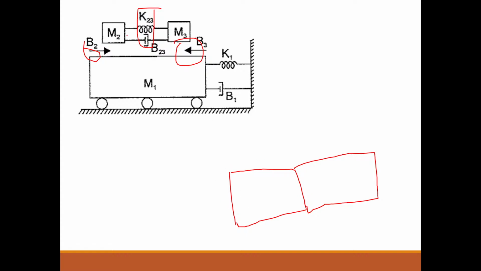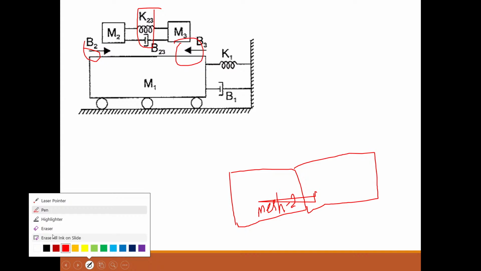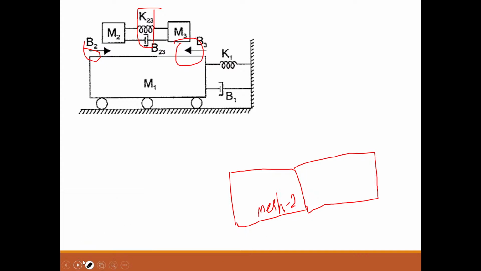Mass 2 and mass 3 have common elements, so I will draw mesh 2 first, assuming mass 2 as mesh 2. With a pencil you must draw this first; don't draw with a pen if you are copying it down.